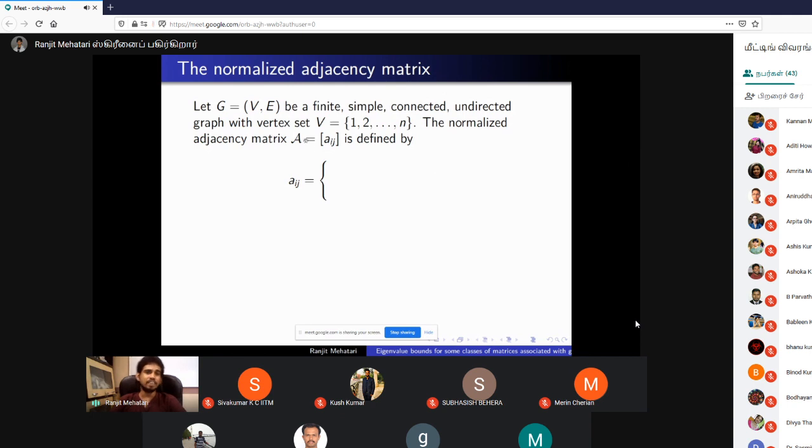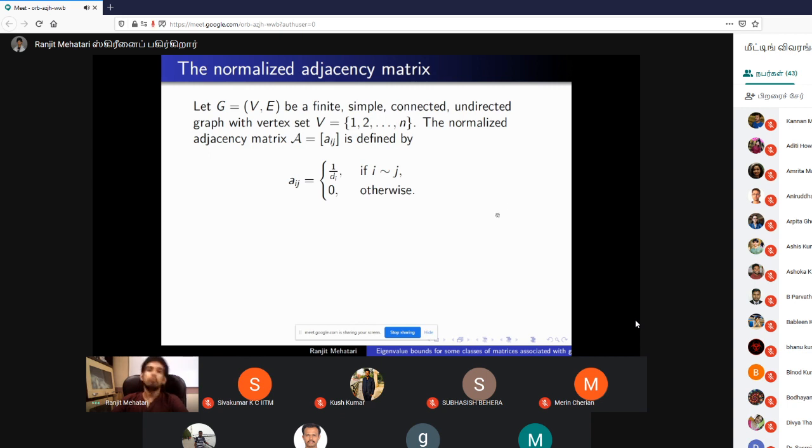Then the normalized adjacency matrix is defined to be the matrix whose ij-th entry is 1 by d_i if i and j are connected, and 0 otherwise.